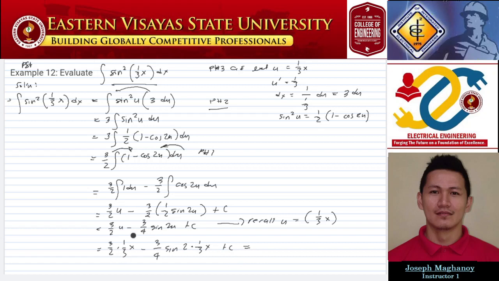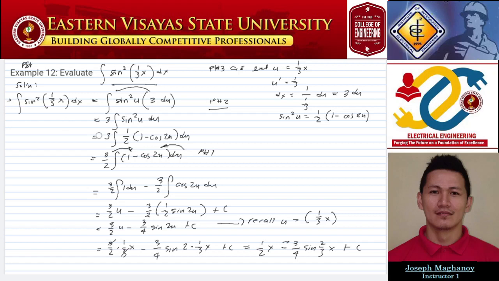So we rewrite 3 halves times 1/3, that is 3/6, or we can reduce it to 1 half x minus, copy, 3/4 sine, that is 2 times 1/3, that is 2/3 x plus c.